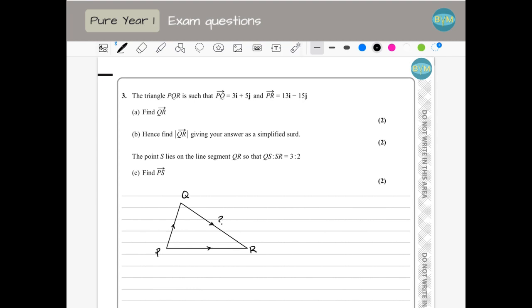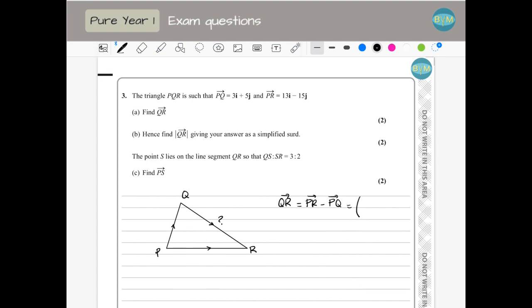We know just from the drawing that QR is going to be QP plus PR. QP is minus PQ, so this is like having PR minus PQ. We have the components of both of them.